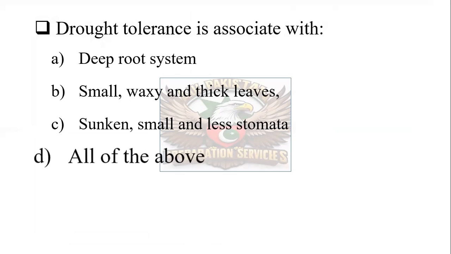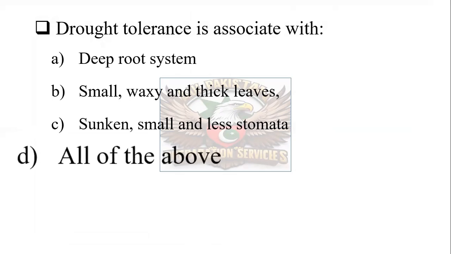The correct one is all of the above. All these factors given in options A, B and C are necessary for drought tolerant crops: small leaves, small stomata, fewer stomata, thick leaves, waxy leaves, and a deep-rooted system. All are factors related to a drought tolerant system.